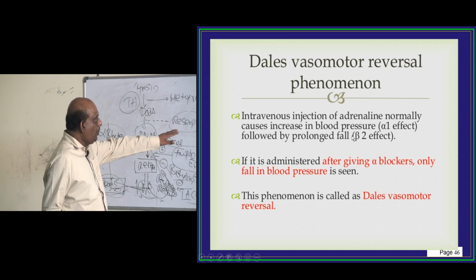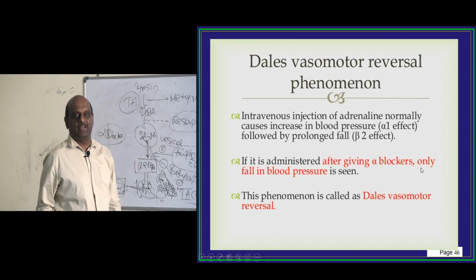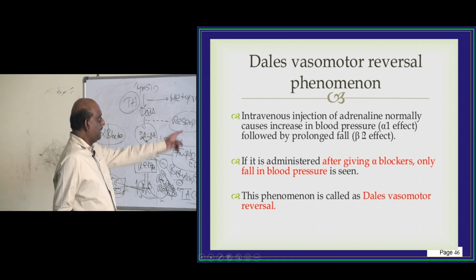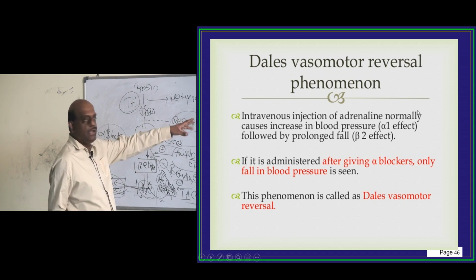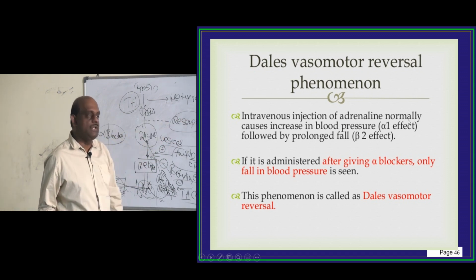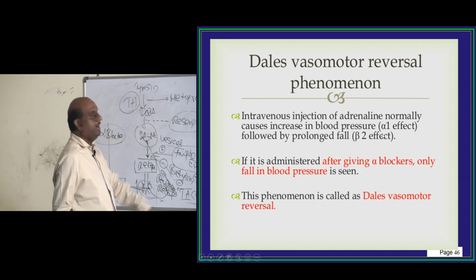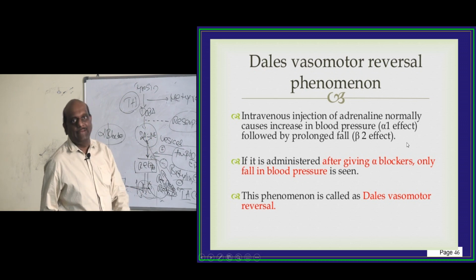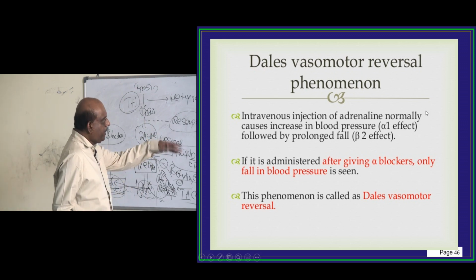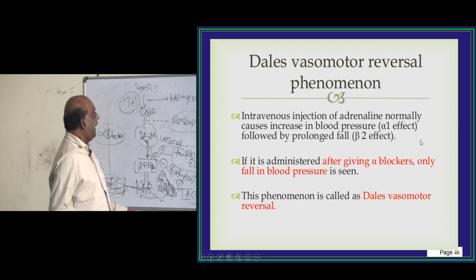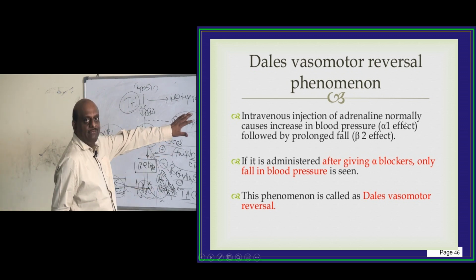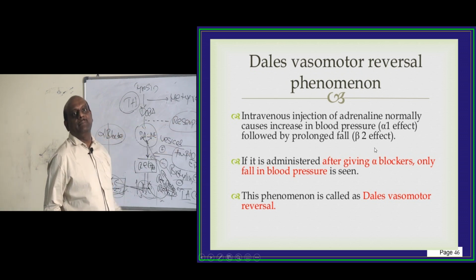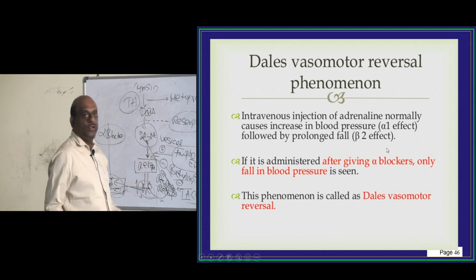Then, if you happen to give alpha blockers, what is the effect of the alpha 1 stimulation by the adrenaline, doctor? That raises the BP, and the fall in the BP is because of beta 2 agonistic activity. So if you give an alpha blocker and then give adrenaline, it has no effect on the alpha 1 because of the blocker that you gave, and it has only effect on the beta 2, and the effect of the beta 2 is what?